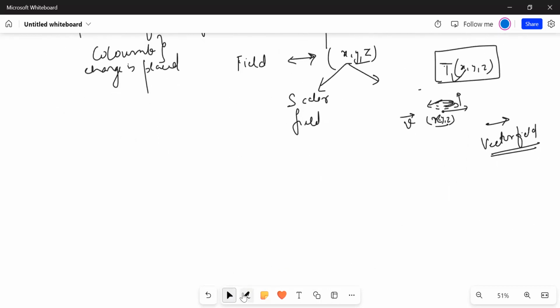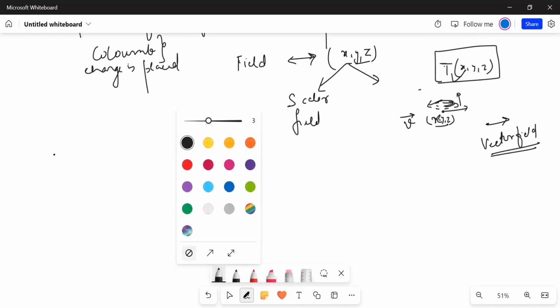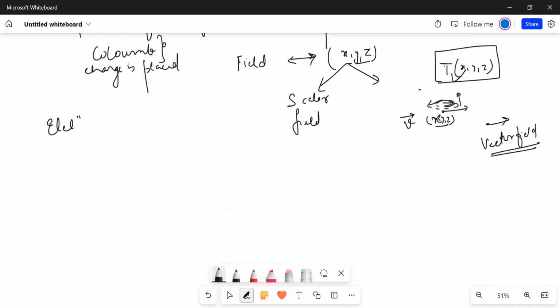Now you see, one thing we have already done. We have found electric field due to an infinite line of charge.